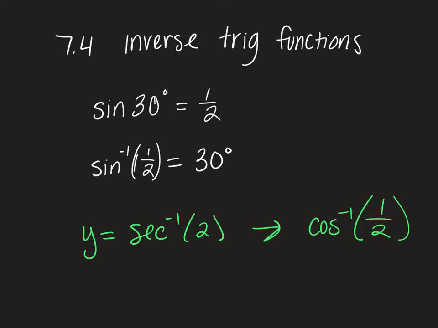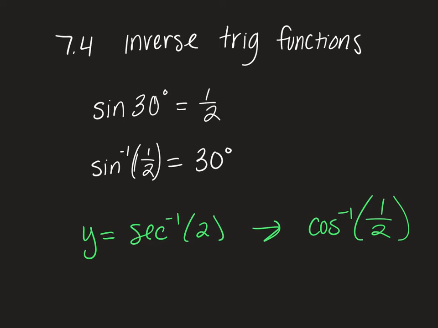Remember that sine and cosine values have to be between 1 and -1. That's why when we were putting in 2, it was saying a domain error, because that doesn't make sense. So it's 60? Yes, it's 60.